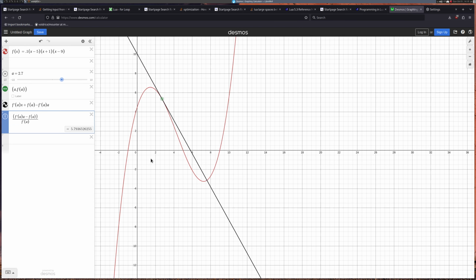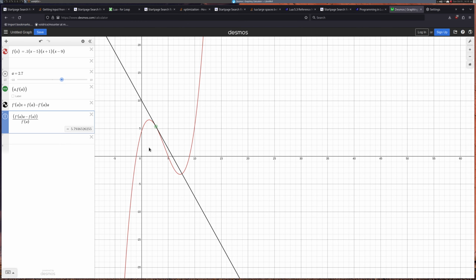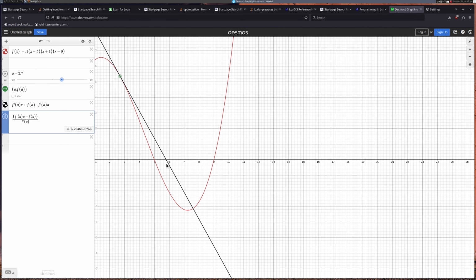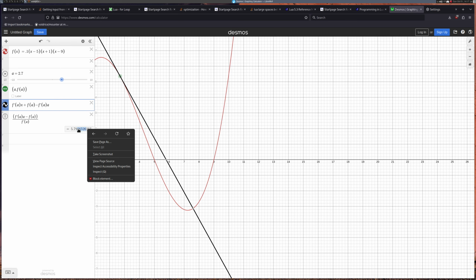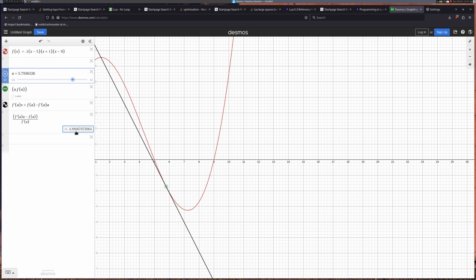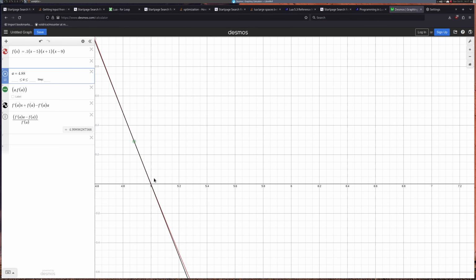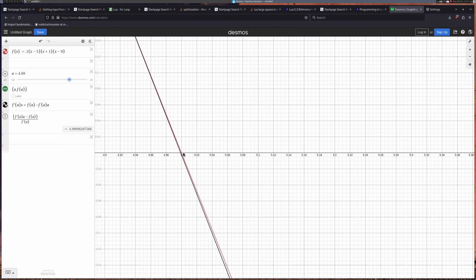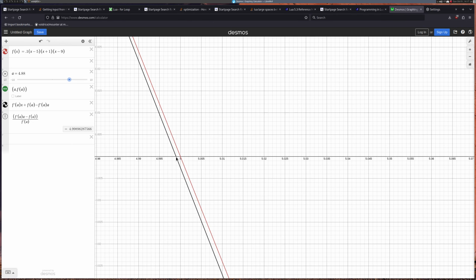So we're going to take this thing and make it our new guess. So let's copy this number and put it over here. Oh my god, 1.88. And as we can see, we're getting close enough. This is the last iteration we need to do.